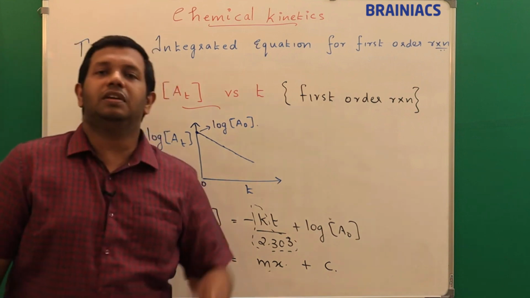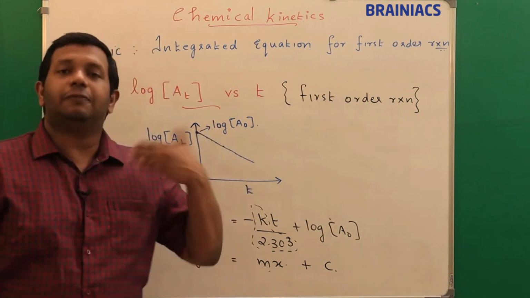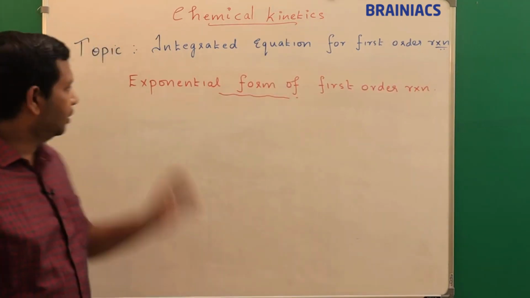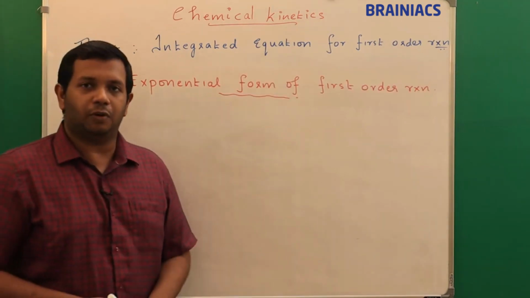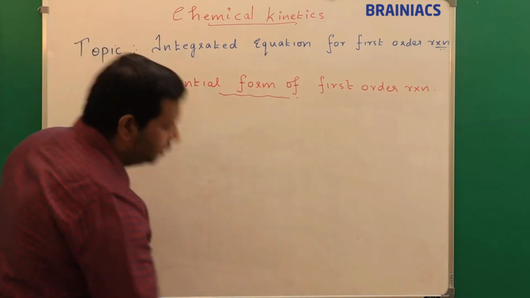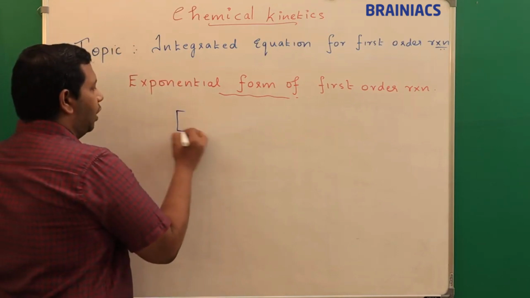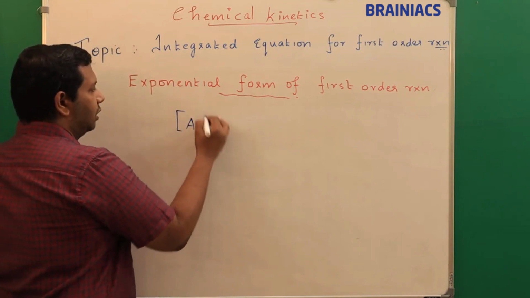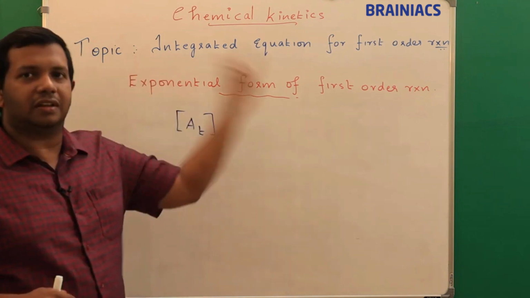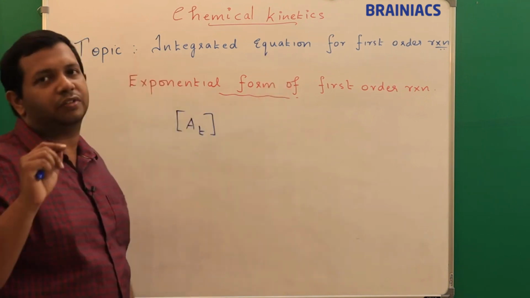So next we will try to see the exponential form of the first order reaction. The exponential form is very simple. Actually, this is derived from the other one itself. When you take the log to the other side, it becomes exponential e.